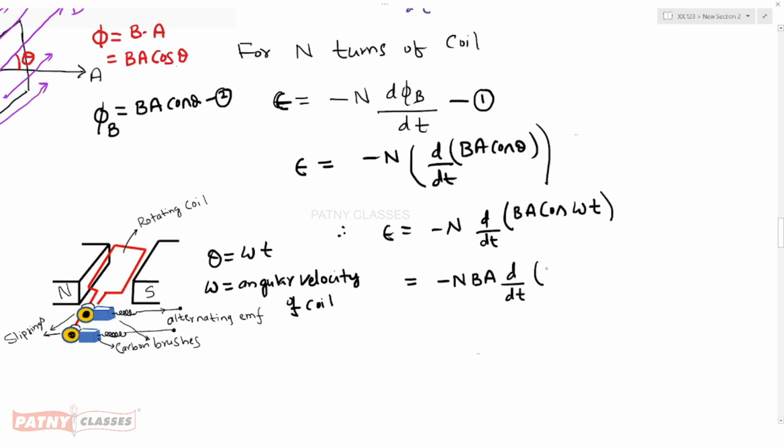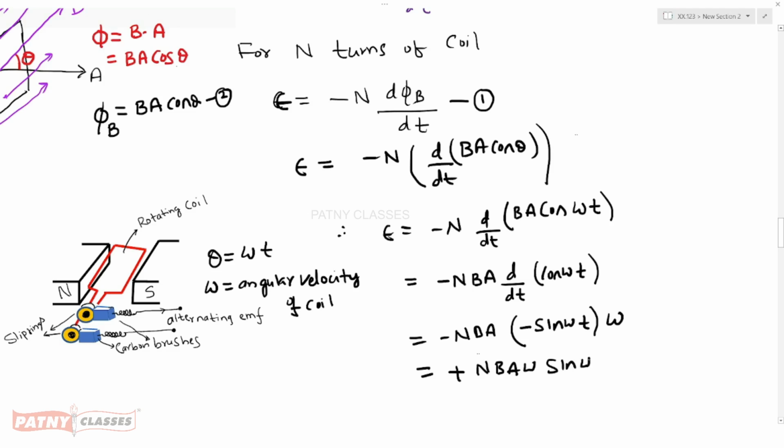Now the differentiation of cos omega t gives minus nBA times minus sine omega t, and again by the chain rule the derivative of omega t is omega. So minus into minus is plus, nBA omega sine omega t, which is nothing but the EMF produced in the coil.